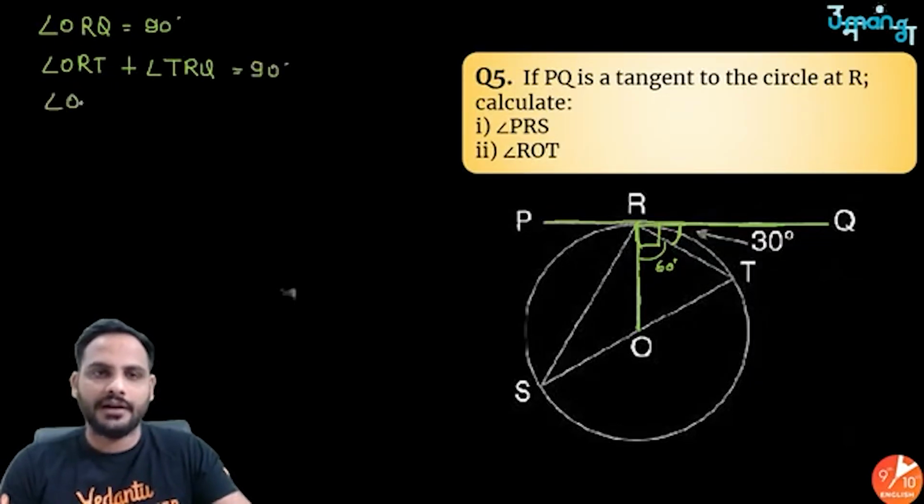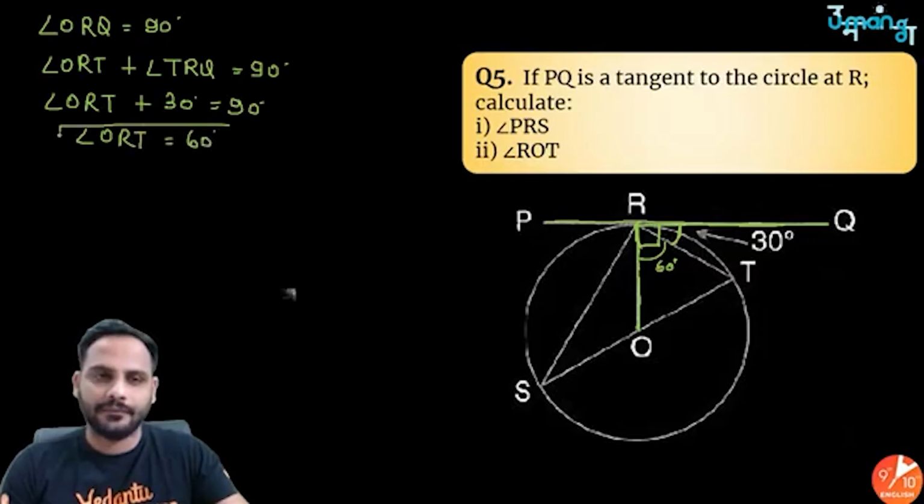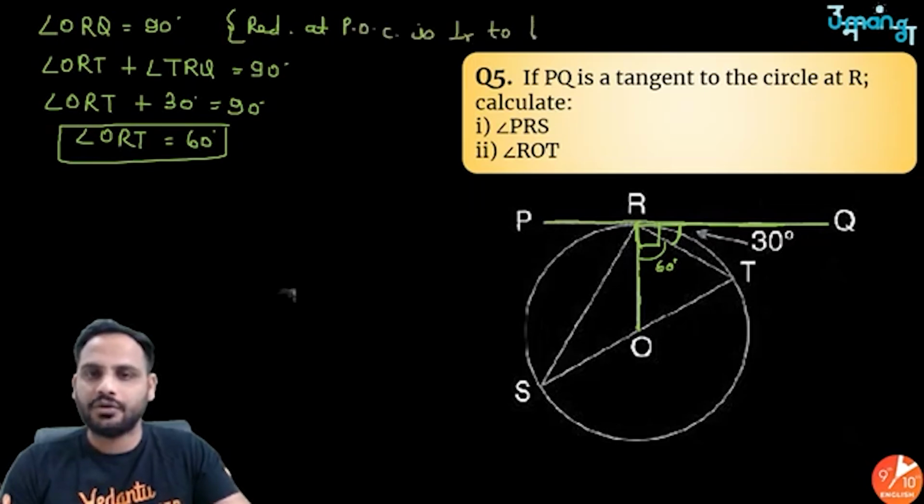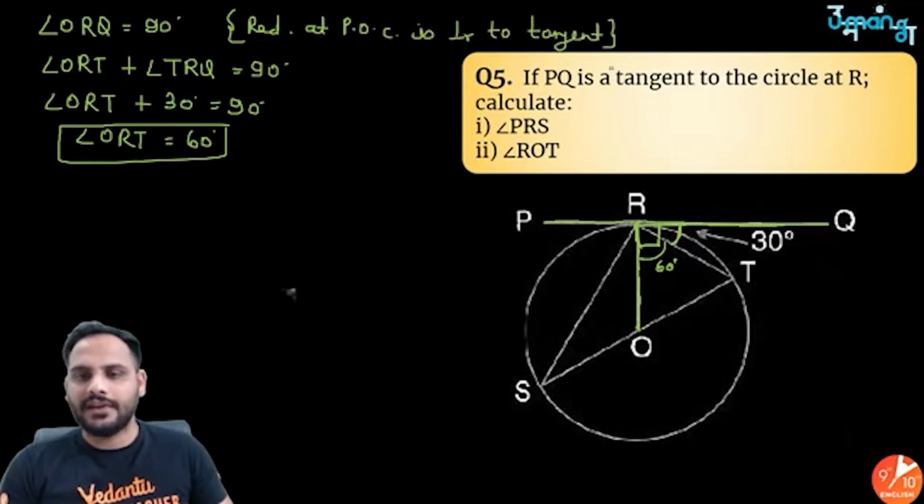So from here, angle ORT plus TRQ, which is 30, is equal to 90. So we have got angle ORT is equal to 60 degrees. The reason here being radius at point of contact is perpendicular to tangent. Alright, so this angle is 60 degrees.